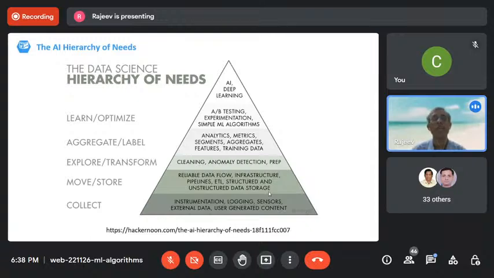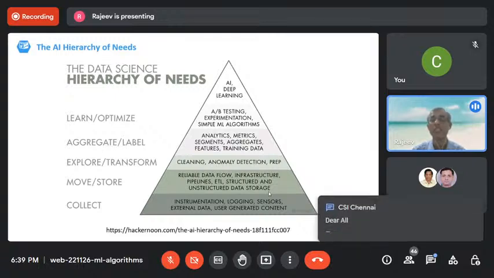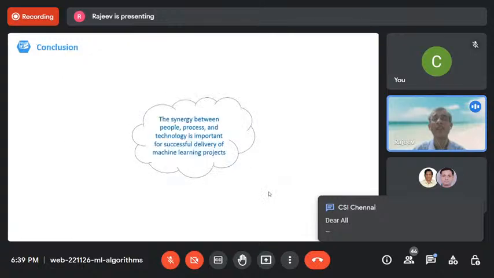But the real hierarchy of needs, if you look, we have to have all of them. This diagram could be very complicated if you include everything from process, people, and technology, and that forms the core of the AI hierarchy of needs. Very, very important for us to understand that, because in industry you have to deal at that level. It's not purely dealing at the algorithm level and then getting away.